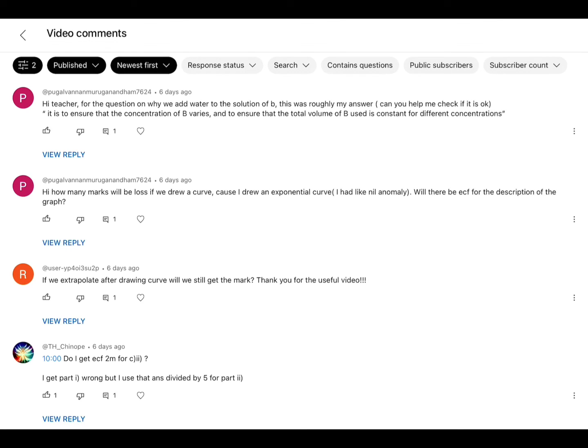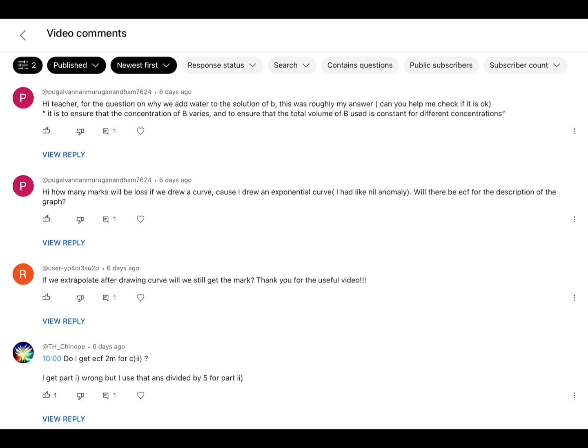So why is there a need to add water? The reason is so that the total volume of the solution remains the same, and the volume of B used is directly proportional to the concentration of B. That's one important aspect of why the total volume must be kept constant.